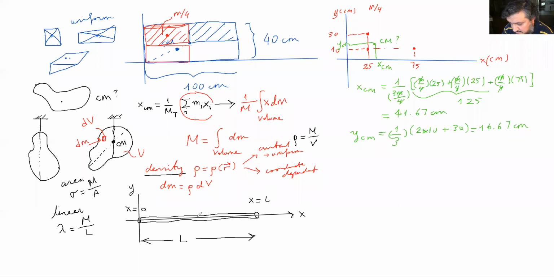But let's prove it using this method. So, we'll need an infinitesimal portion of this object, an infinitesimally small part, like a small cylinder right there. This is the smallest part you can imagine on this object, and the thickness is dx.